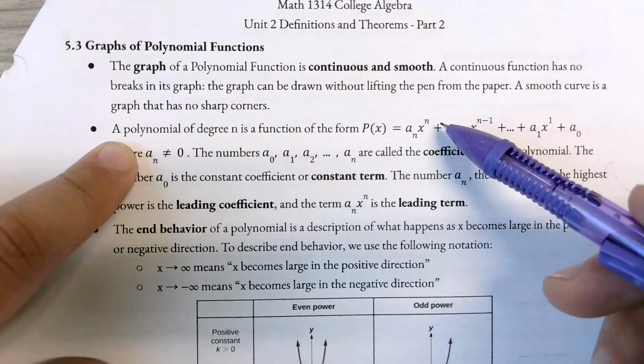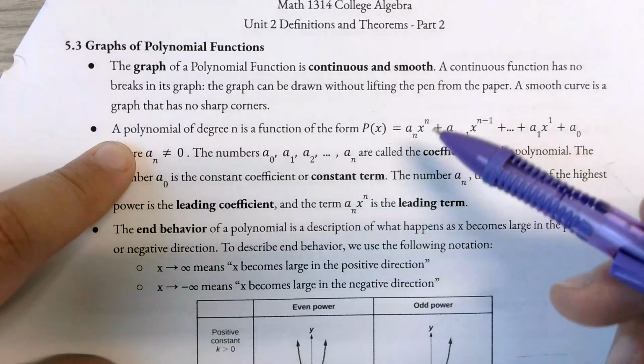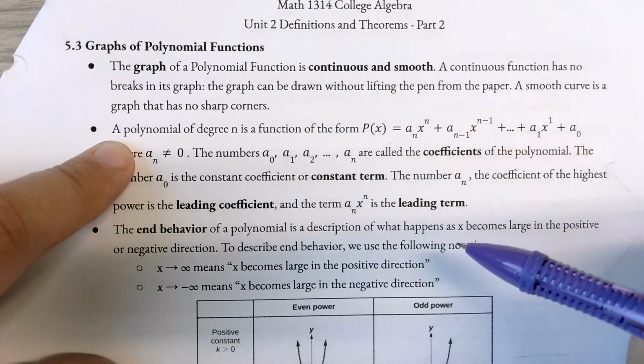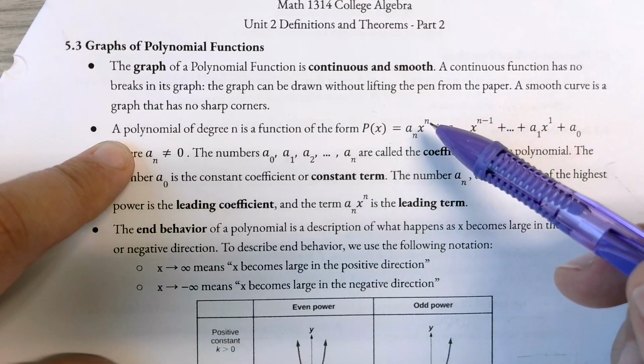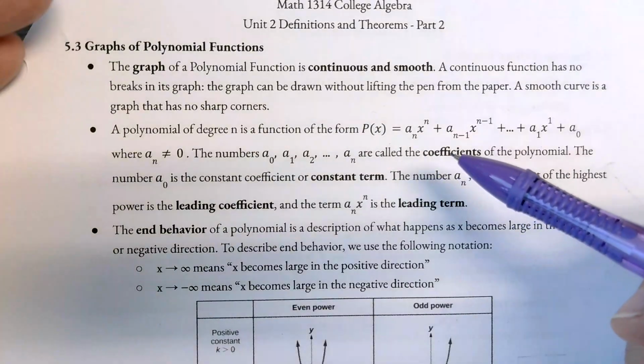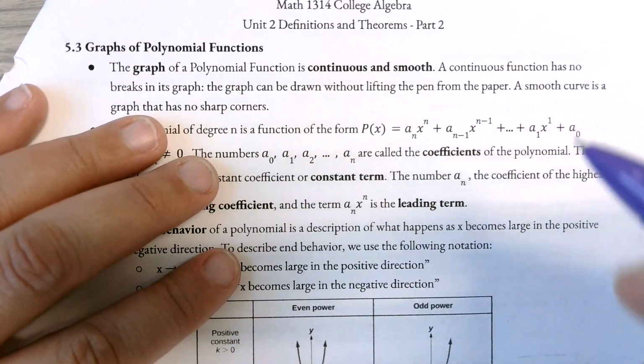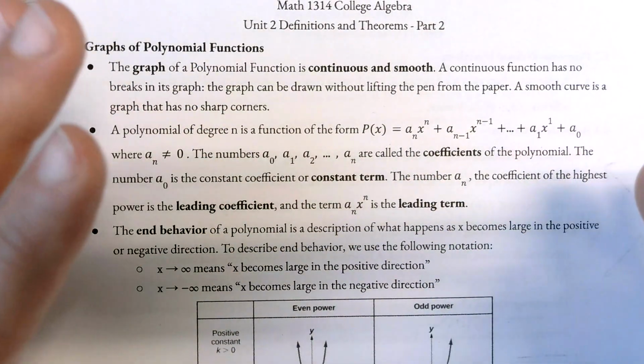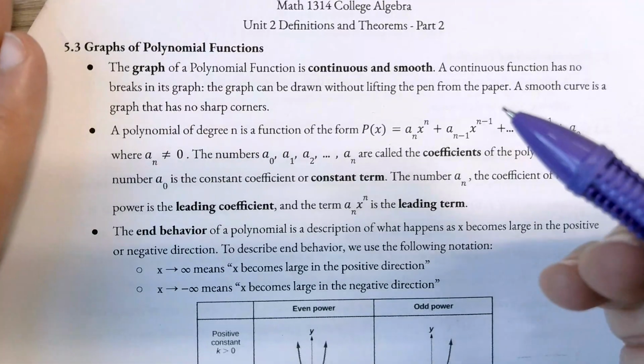It will help us figure out how many zeros you can have. So if you have a power of 5 function, you can have a maximum of 5 zeros on the graph. We'll use this information for a lot of the stuff that we do.